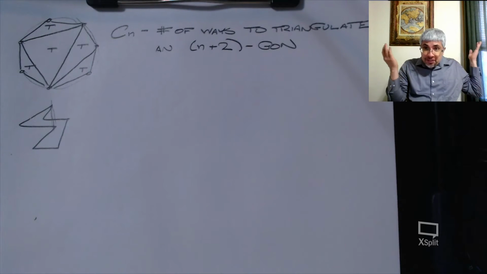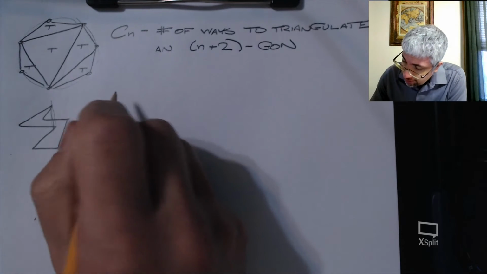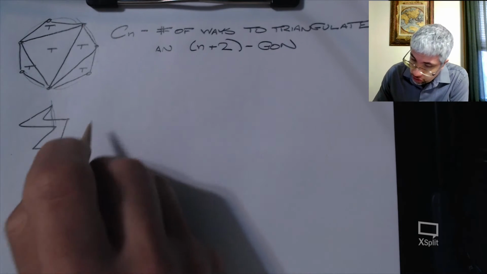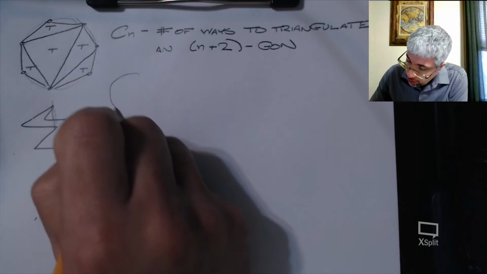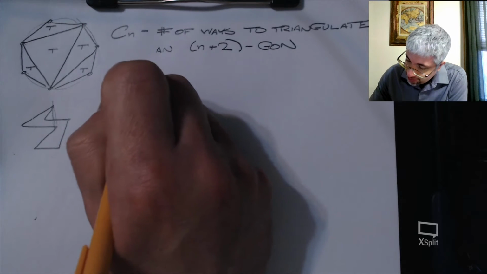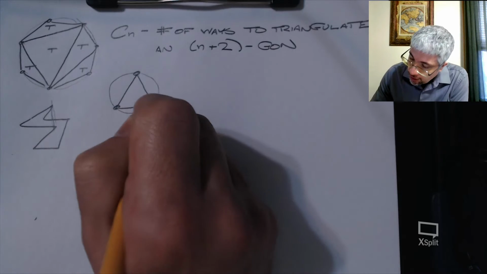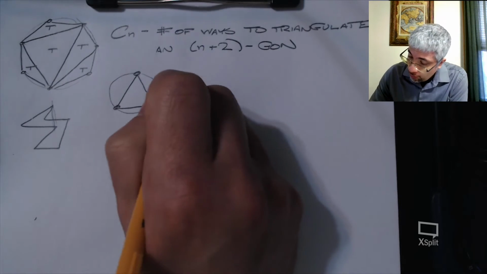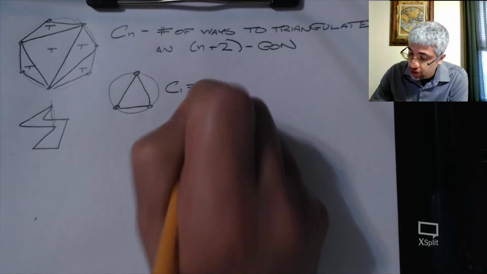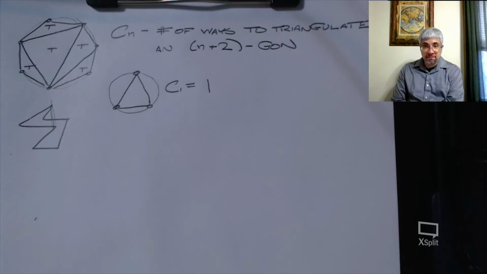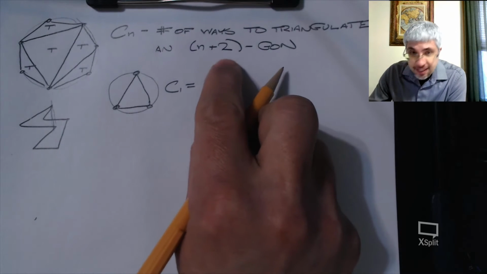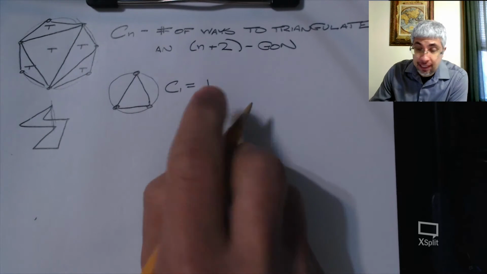Well, let's let the first case be the triangle. That makes a lot of sense, right? Let the triangle be the first case, so I don't have to draw a circle to get a triangle, but whatever. I have a triangle. I want this to be the first case. It's already triangulated. Boom, 1. So it makes sense to do this if you think I'd like that to be case number 1.